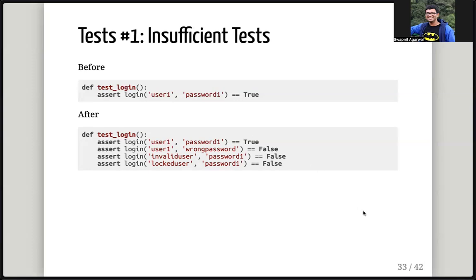So even if the username and password are correct, we don't want that user to be able to log in, so that particular user is logged, so it should be false, like login should not be successful. So adding more tests will surely help, and this is sort of like a revision.